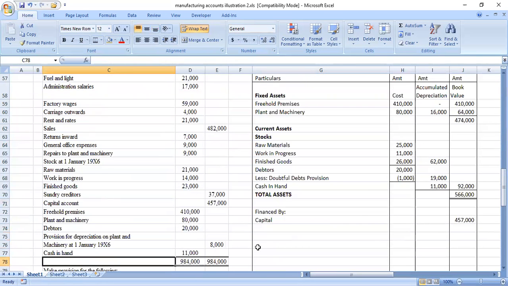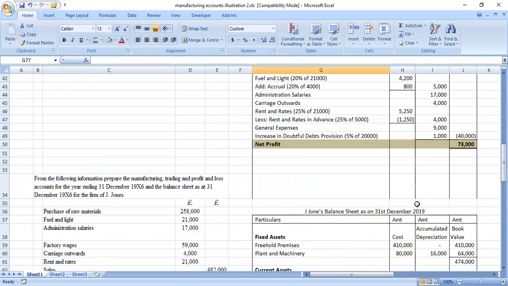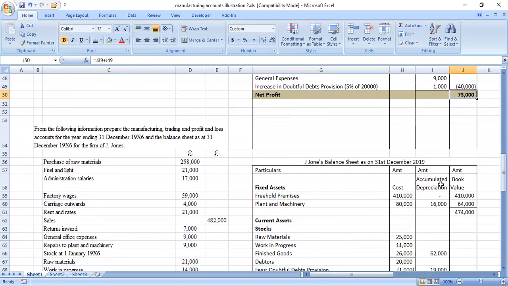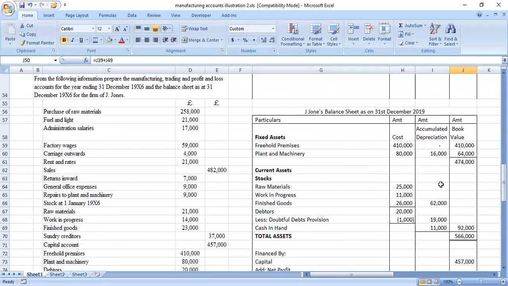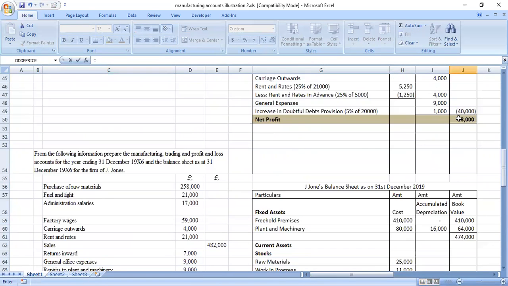So no drawings. So therefore now we add net profit. And the net profit tulipata pale juu ni 73,000. Si ndio? Yes. Okay, acha tuone kama ita balance. So net profit is 73,000.